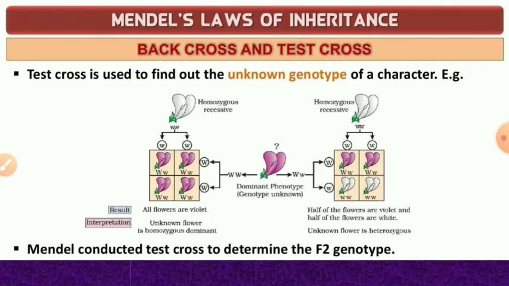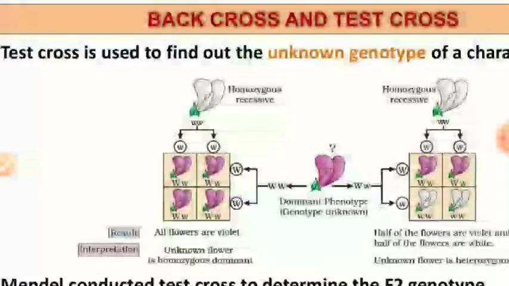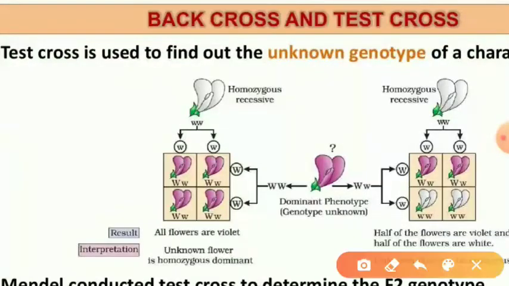Consider the recessive parent as a white flower and the other as a violet flower, and cross between these. What are the products? In the case of homozygous recessive, that is the white color flower, suppose the unknown genotype of that violet color flower is homozygous.